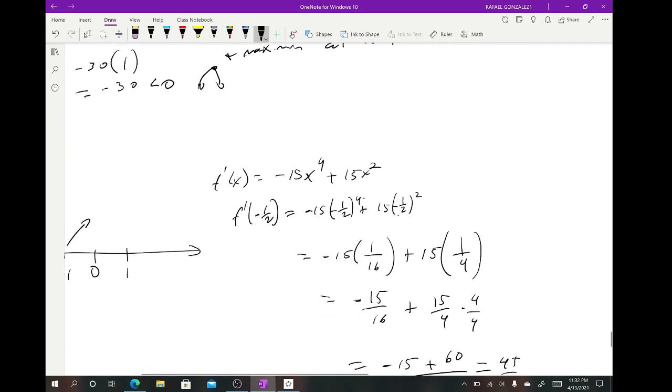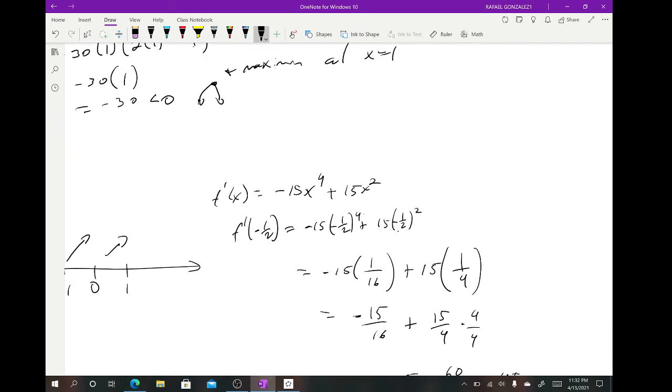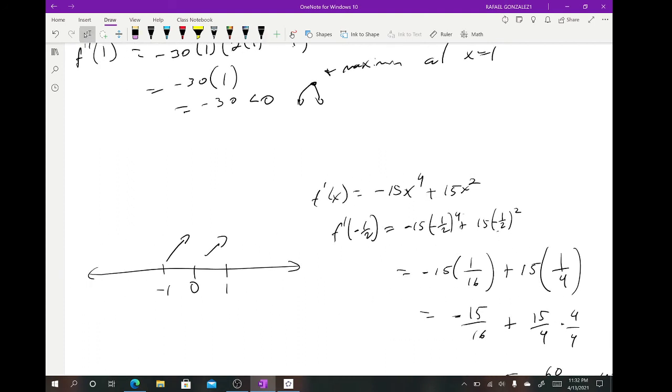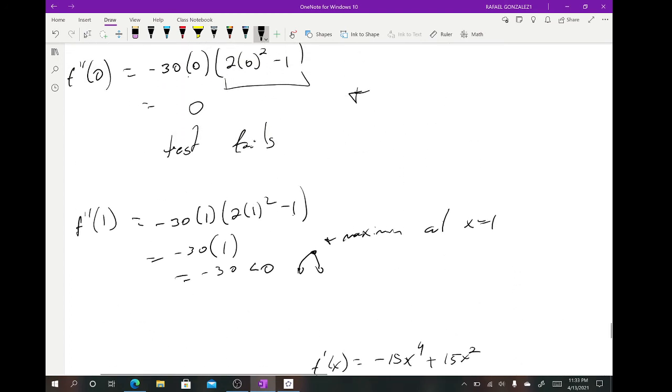So to the right side of 0, we are also increasing. And if you remember from last lecture, when you are increasing and then increasing, or decreasing and then decreasing, that means that you have neither a max nor a min. So there is no max or min at this particular value. It's neither a relative max nor a relative min.